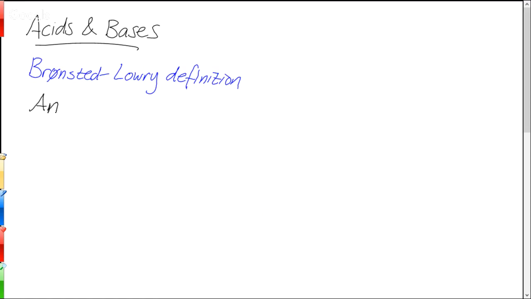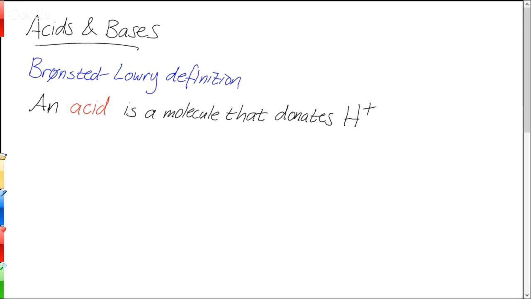So our first definition is: an acid is a molecule, or substance, that donates hydrogen ions. So an acid is a molecule that donates hydrogen ions.